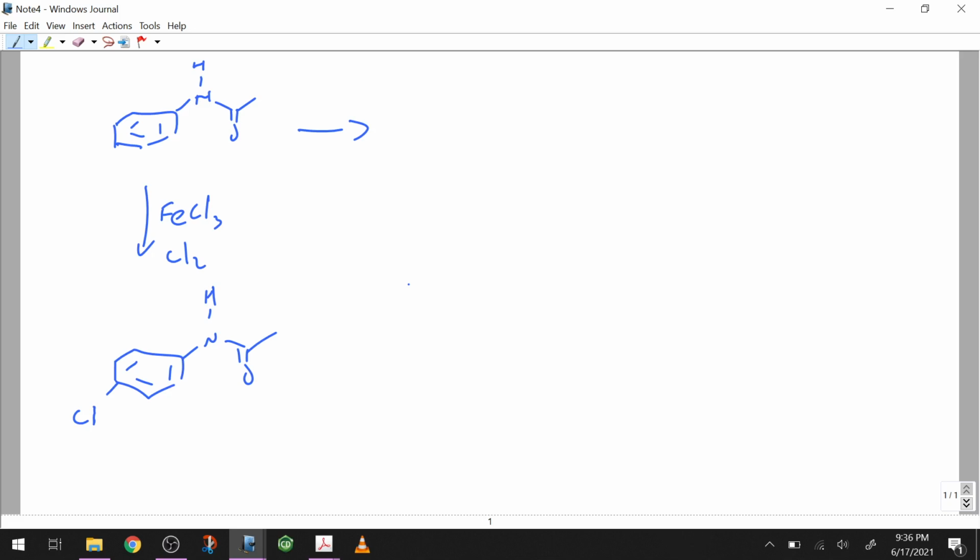Okay. The other option is thinking in the opposite way, and that is that the electronics here are going to favor ortho substitution to some extent. Now, ideally, we'd be able to put something para to the nitrogen, like a sulfonate, and block that and direct to the ortho position and never have a problem with selectivity.